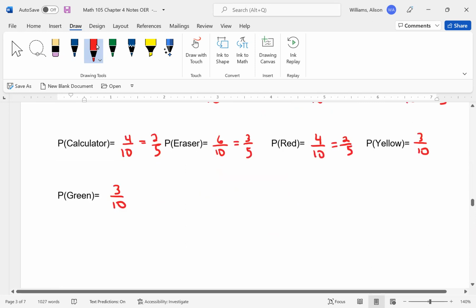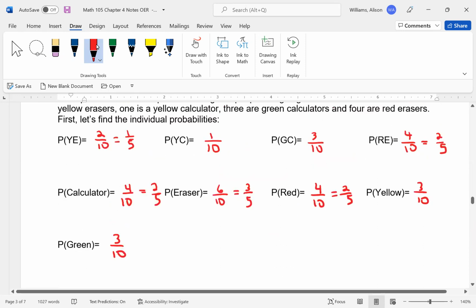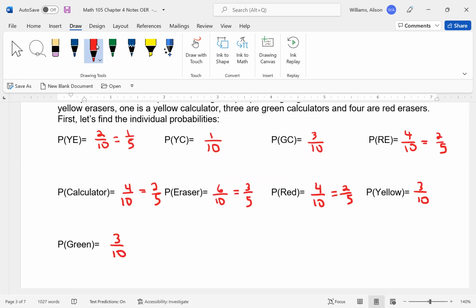So if we do not put the items back each time, that means that the very first eraser we pull out is still going to have a 4 out of 10 probability. But now we only have 3 red erasers in the bag, and we only have 9 items in the bag. So the probability I'm going to pull out another red eraser is 3 out of 9. That's the conditional. We've changed our total.